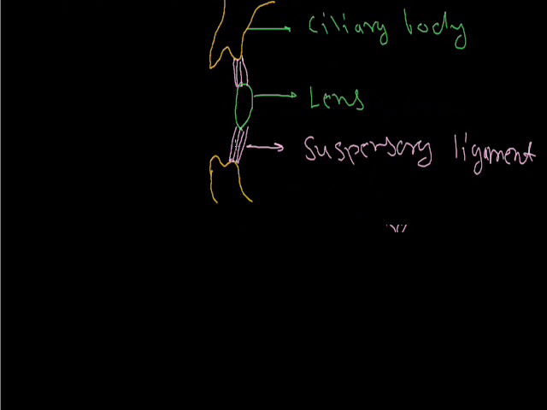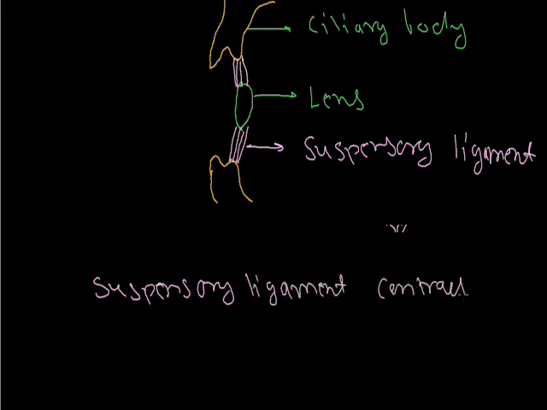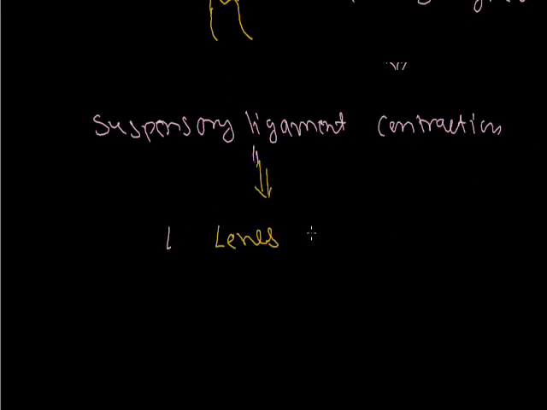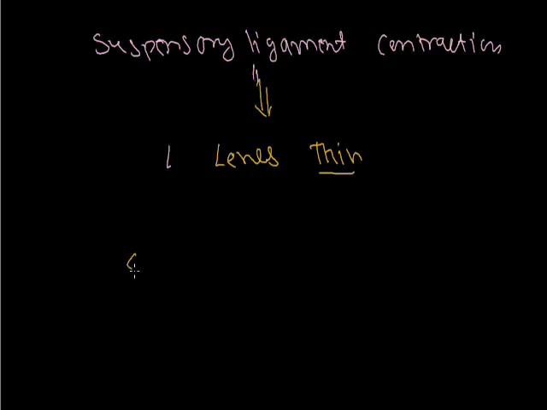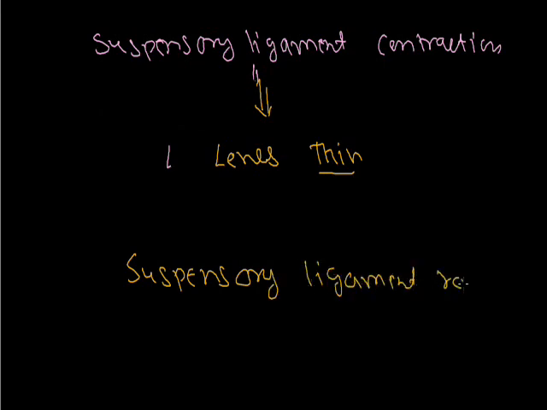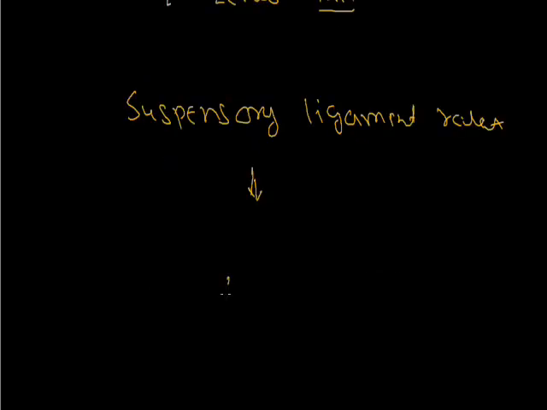When the suspensory ligament contracts, then the lens becomes thin, and just opposite, when the suspensory ligament relaxes, then the lens becomes thick.